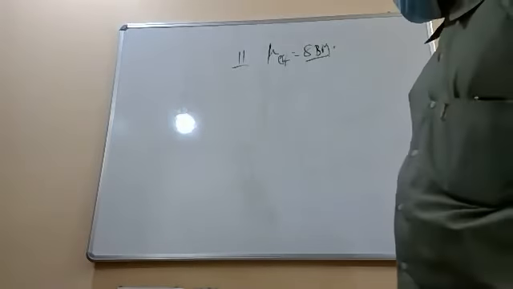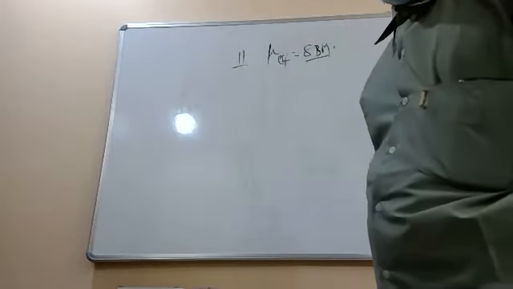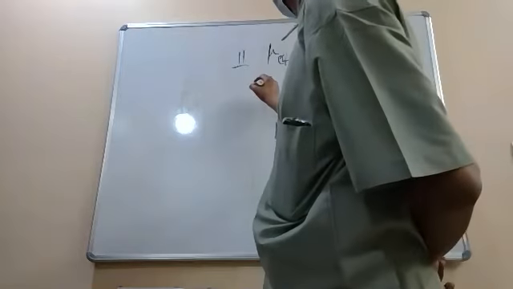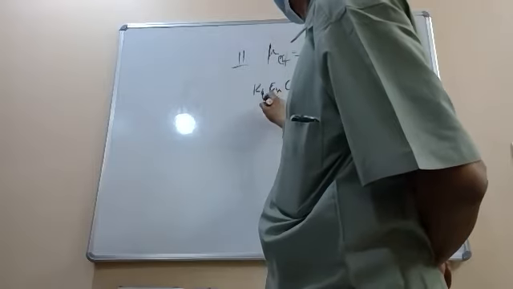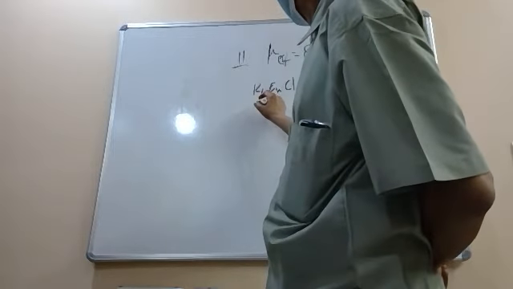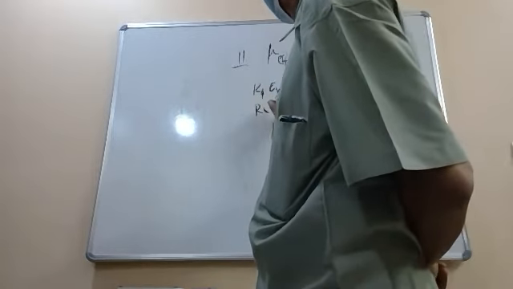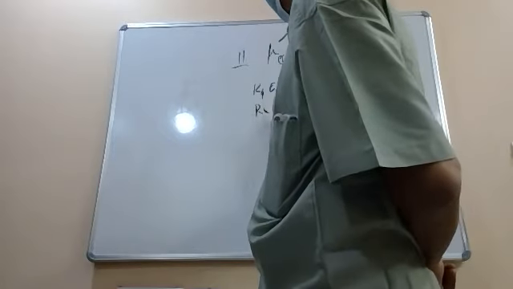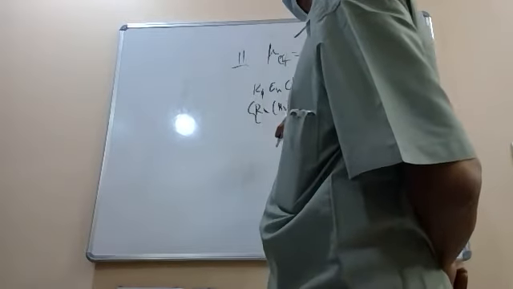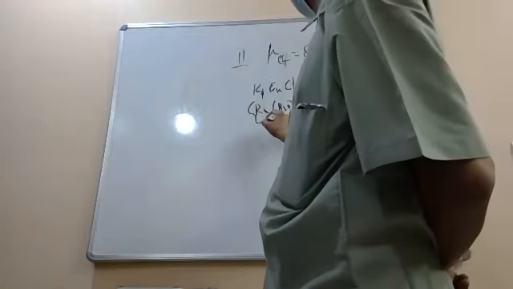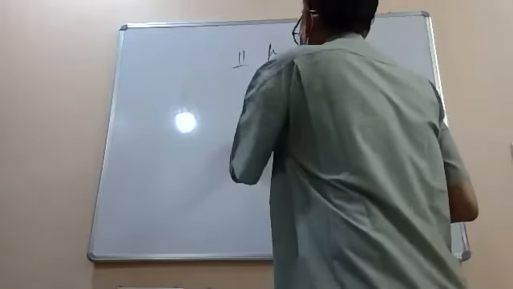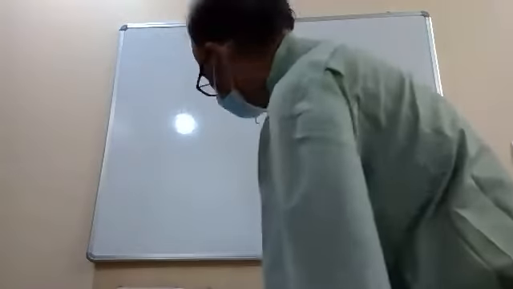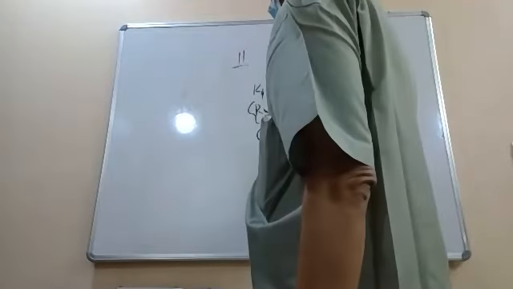And what are the choices you have there, folks? A was K4[EuCl6]. B was [Ru(H2O)6]3+ complex. C was [Cr(NH3)6]2+.